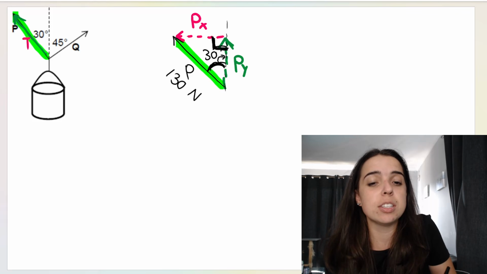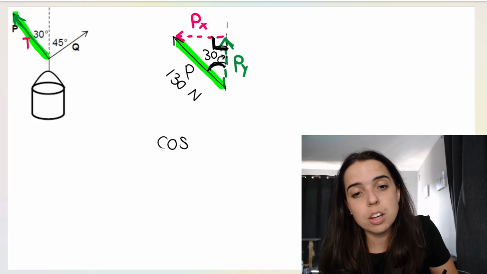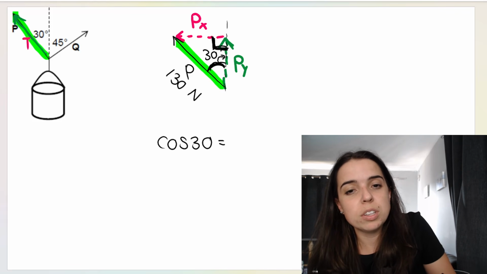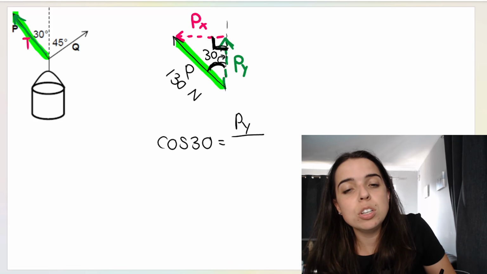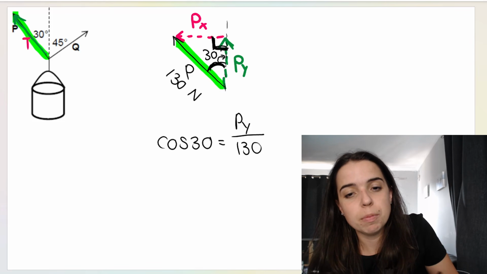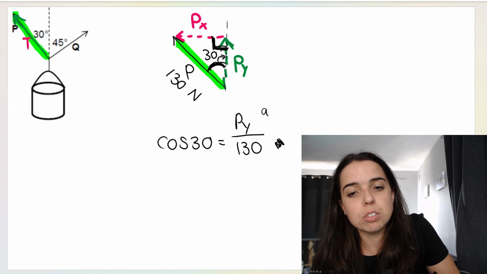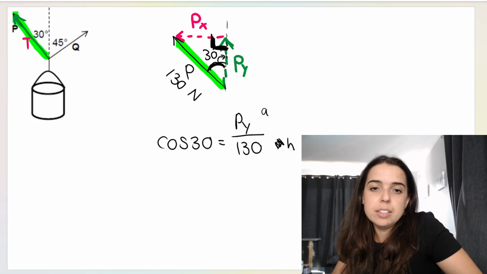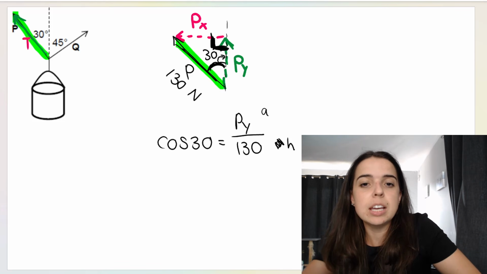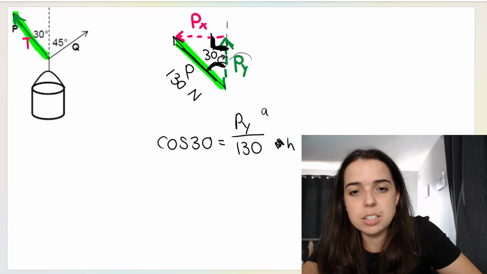And you should know that adjacent is cos. So cos 30 is equal to, what's adjacent to the 30? PY. What is the hypotenuse of this triangle? 130. Again, cos is adjacent over hypotenuse. The hypotenuse of the triangle is opposite the 90 degrees, which is this line, 130, and adjacent to the 30 degrees is PY.